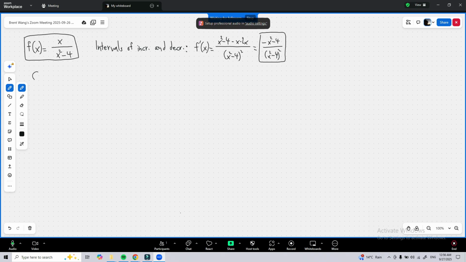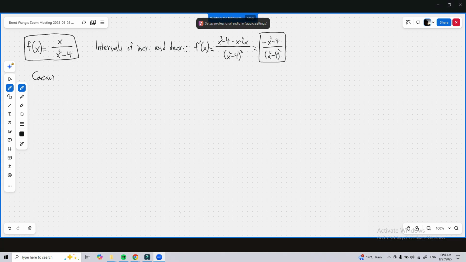Lastly, we have concavity and inflection points. Let's find the intervals of concavity. So we know the first derivative. Let's find the second derivative now. F double prime of x is equal to, okay, so we have negative 2x times x squared minus 4 squared, using the quotient rule once again, plus x squared plus 4 times 2 times x squared minus 4 times 2x, divided by x squared minus 4 to the power of 4.